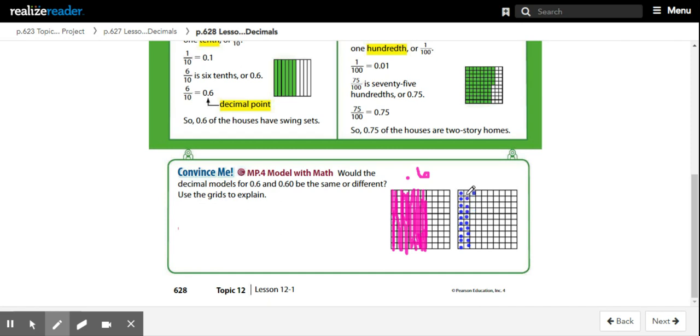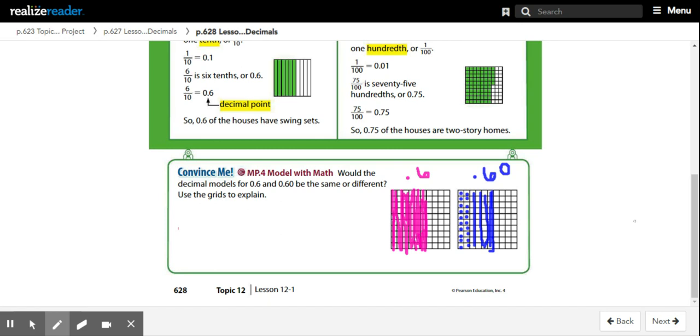And if you want to just put dots in each of these, you can, or you can just color down like we did in the other ones. 30, 40, 50, 60. This is 0.60.